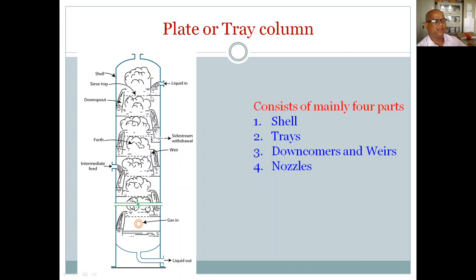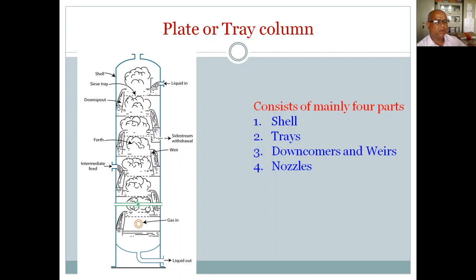This is the tray, the third thing is called the weir, and this is the downcomer. So shell, trays, downcomers and weir, and there will be different nozzles. These are the mainly four parts in a plate or tray column.